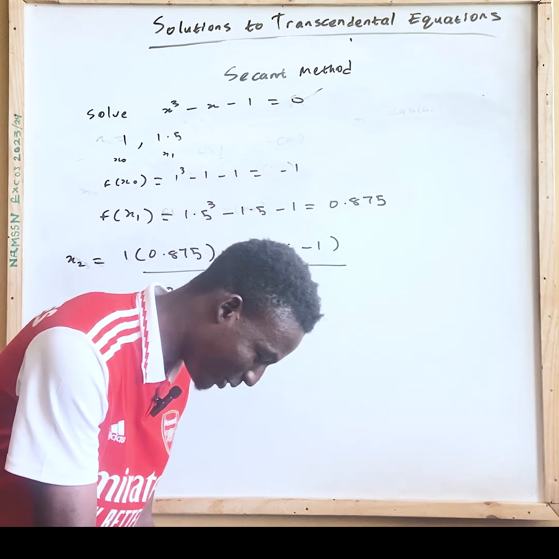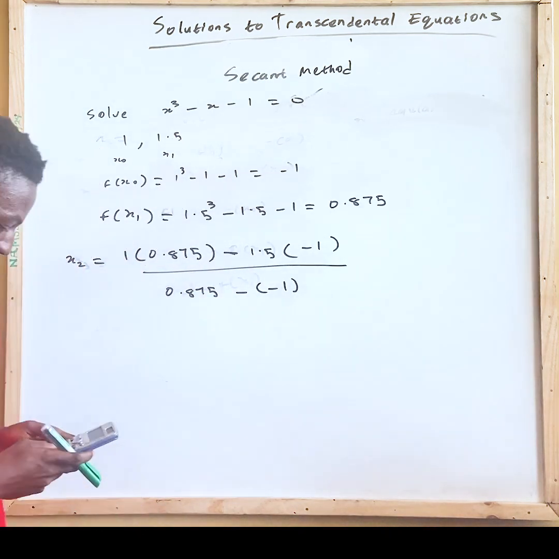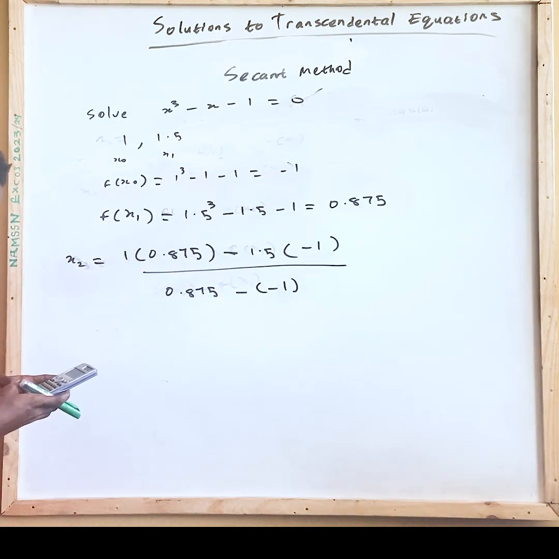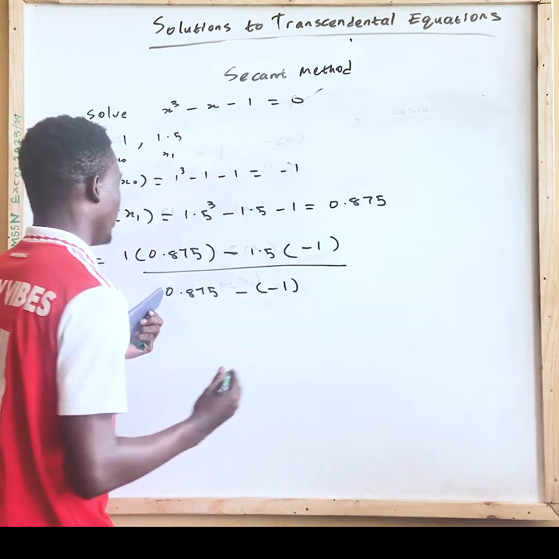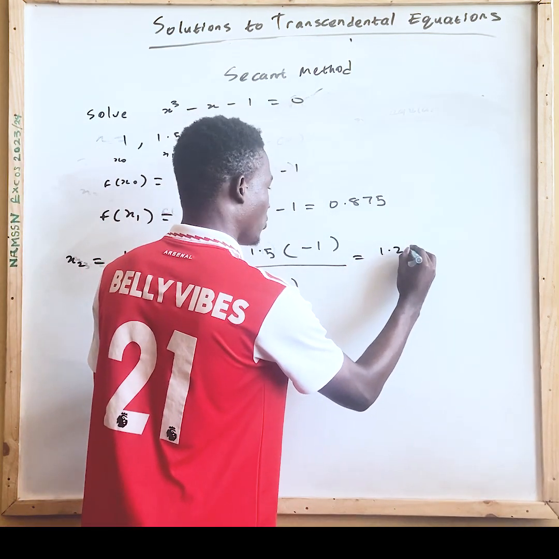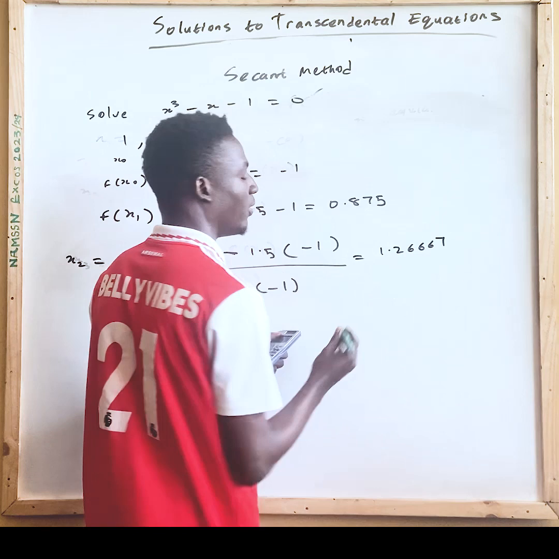So punching that in, you would have 1.26667.